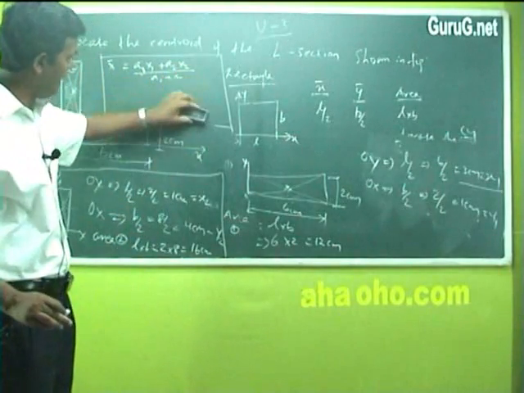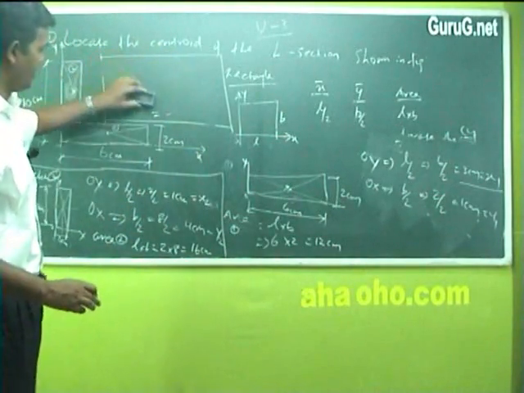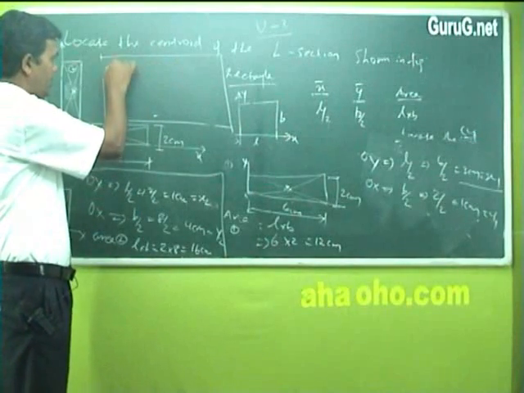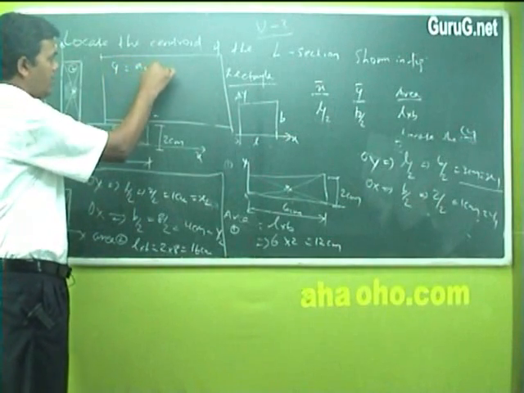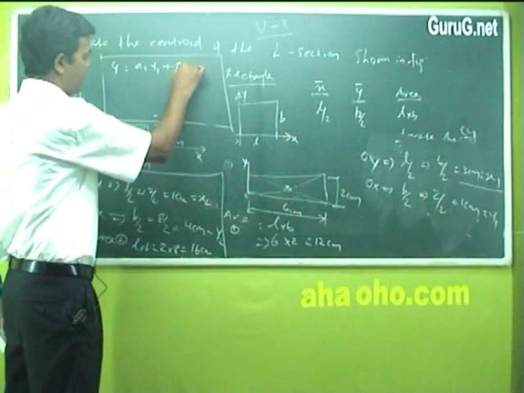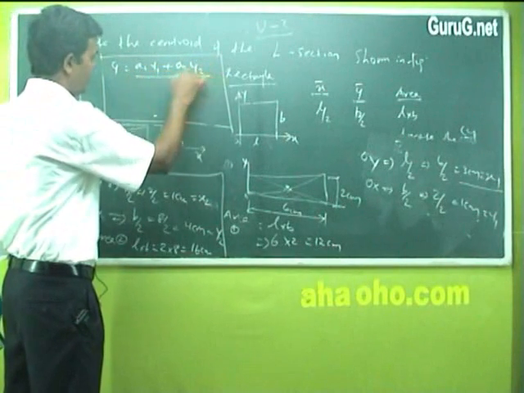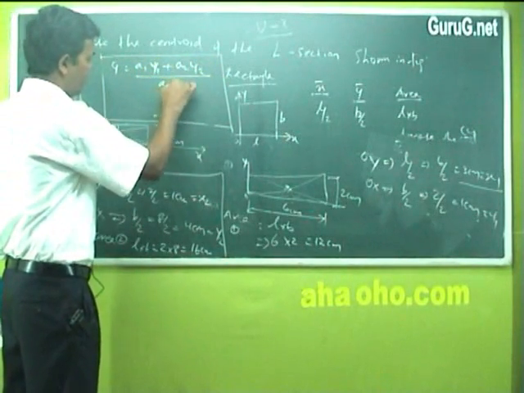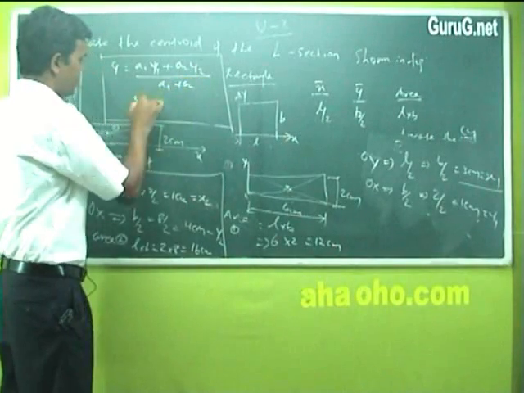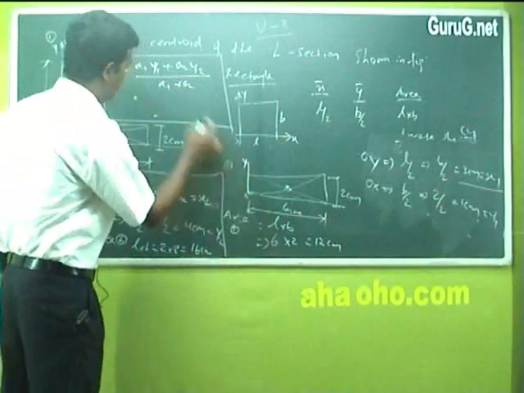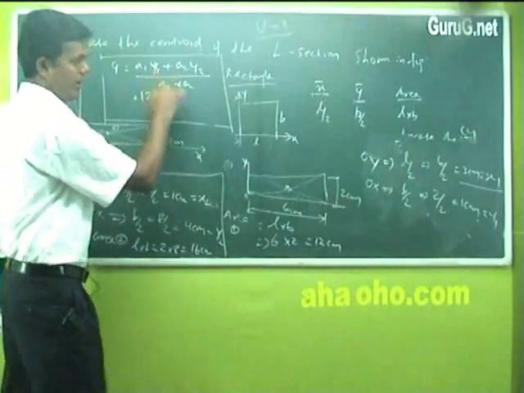Then I'll go for my y bar value. That is one value, x bar; now find out my y bar. A1 y1 plus a2 y2 divided by a1 plus a2. What is area 1 again here? 12 centimeter into y1.